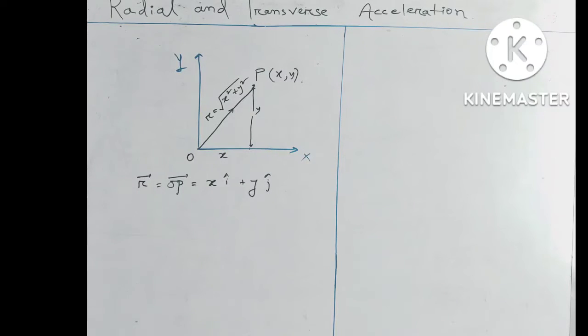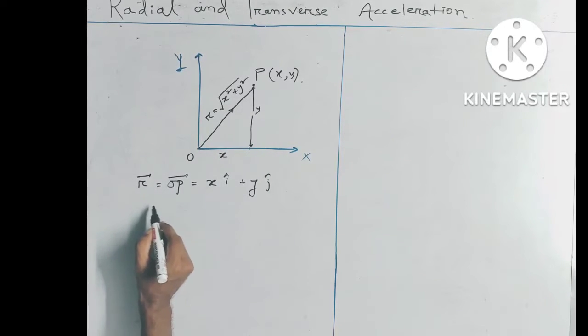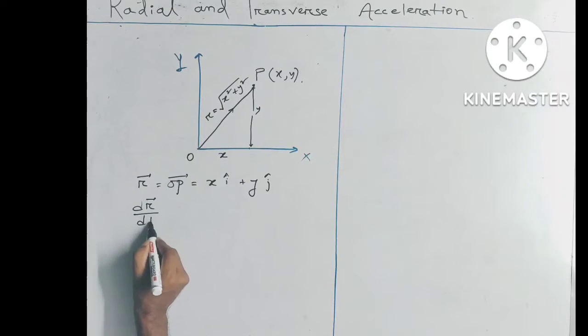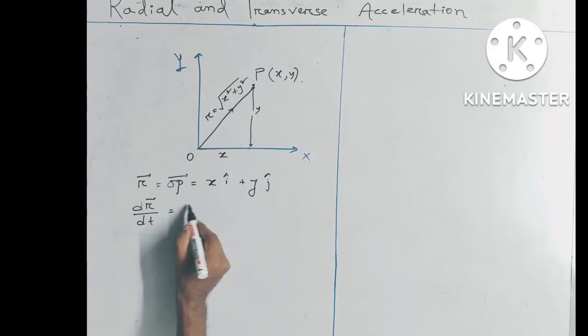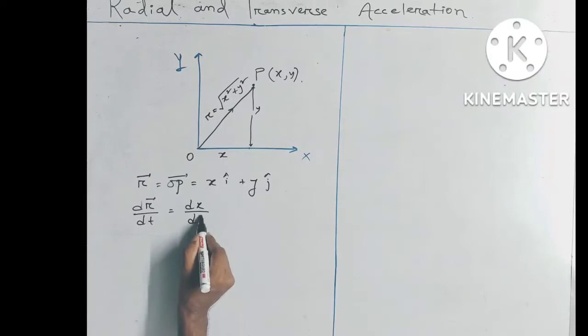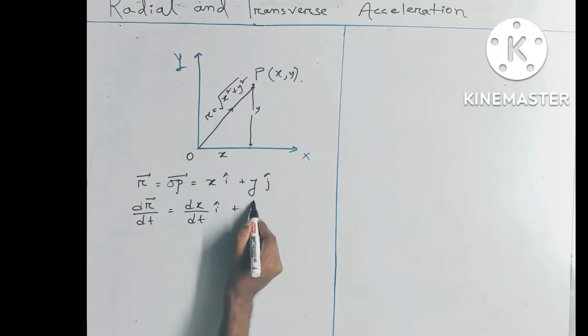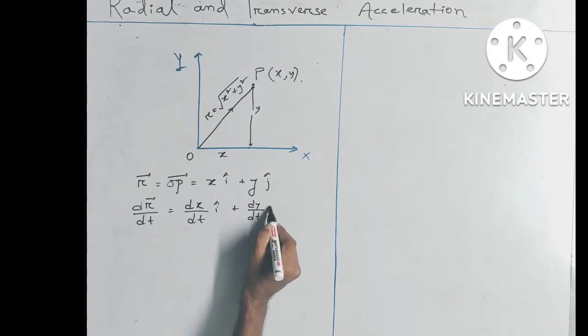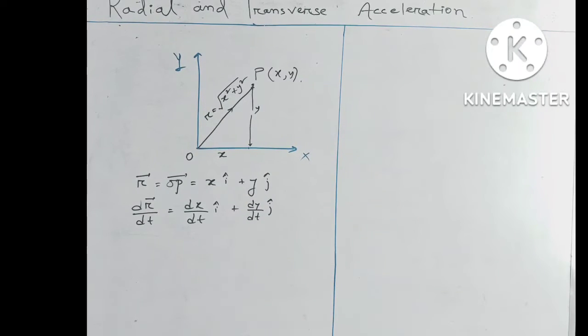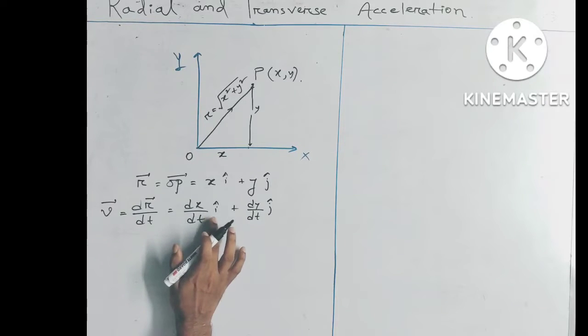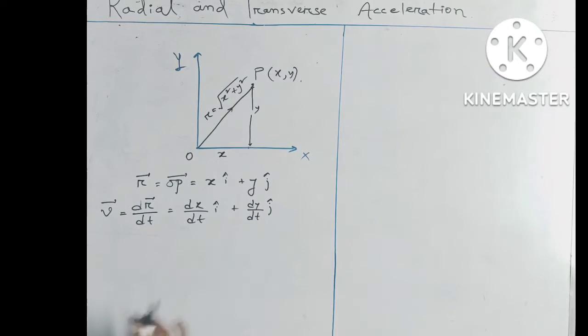Then if we take the derivative of the position vector, we get the velocity vector. So dr/dt is equal to dx/dt i cap plus dy/dt j cap. So dr/dt is called velocity, so it is v vector: v vector is dx/dt i cap plus dy/dt j cap.